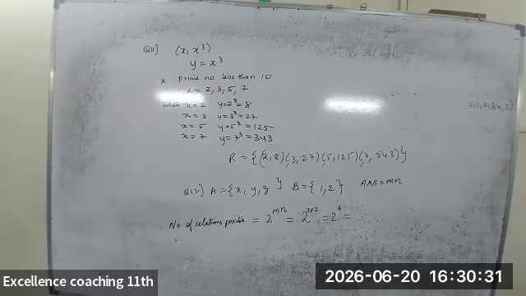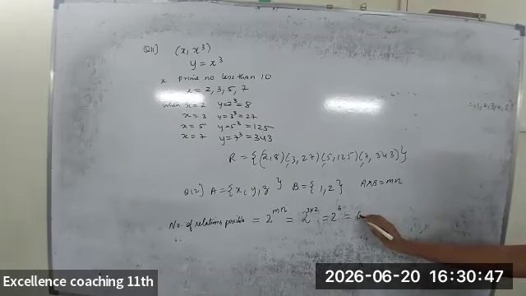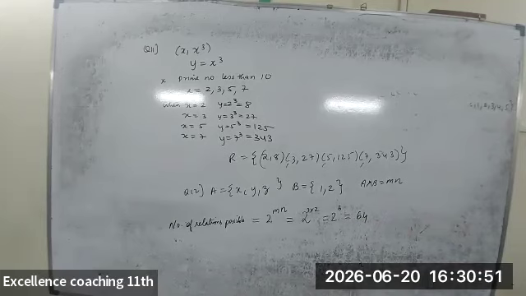So 2 raised to 6 will be all the possible subsets. 2, 4, 8, 16, 32, 64. 2 raised to 5 will be 32, 2 raised to 6 will be 64. So these are the possible relations.